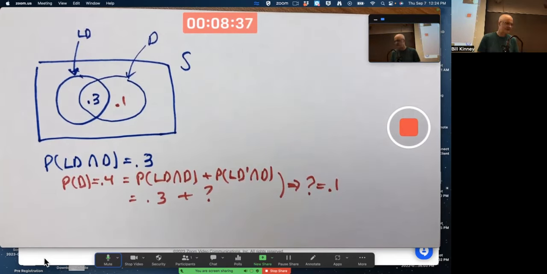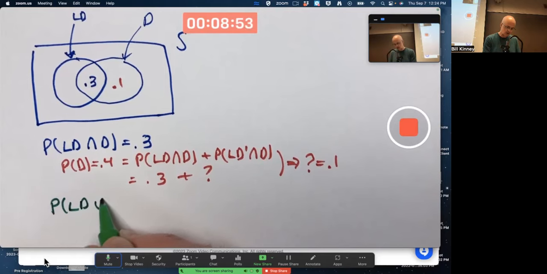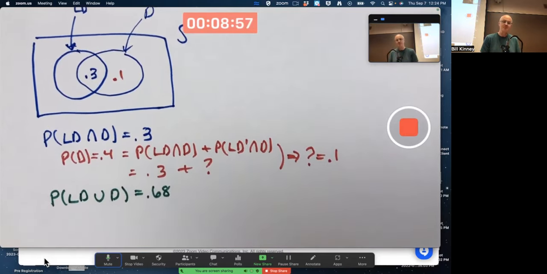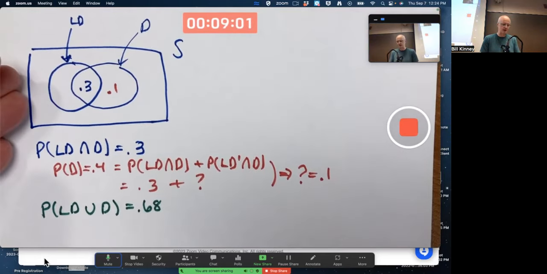Next bit of information is that 68% of workers are exposed to LD50 or die. And again, unless said otherwise, or is always an inclusive or. One or the other or both. 68%. P of LD union D is 0.68. Looking at the diagrams is much easier than thinking about equations.